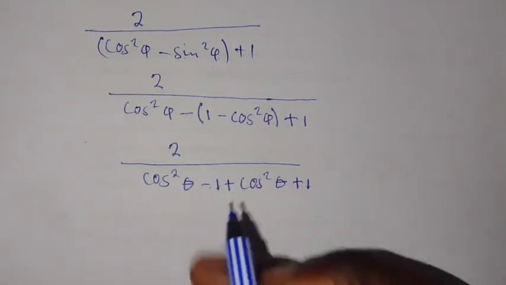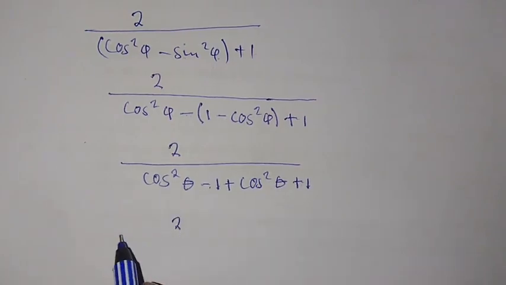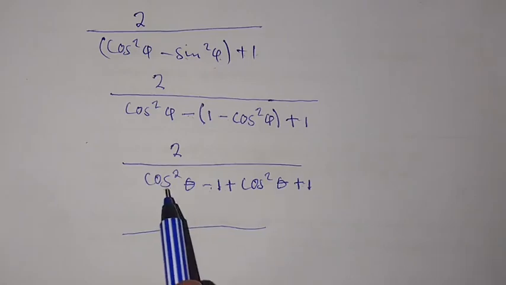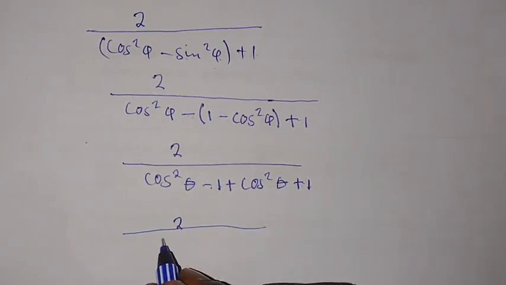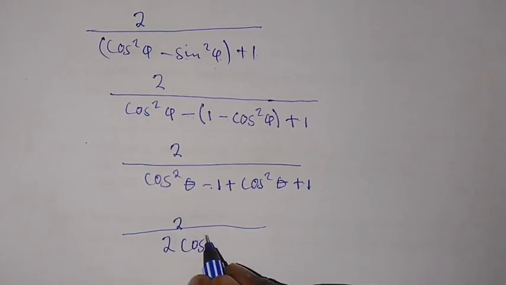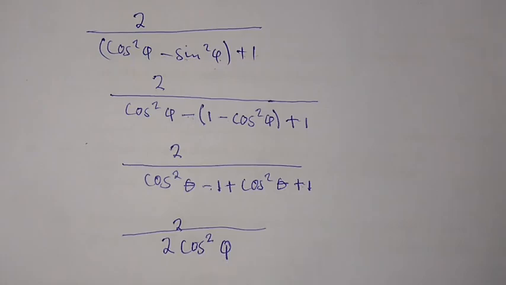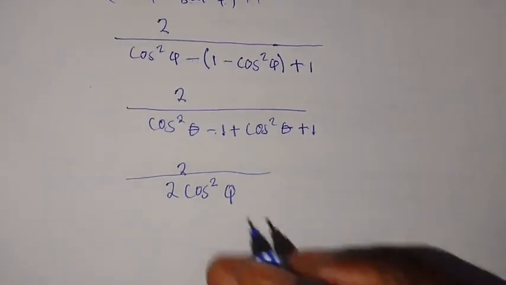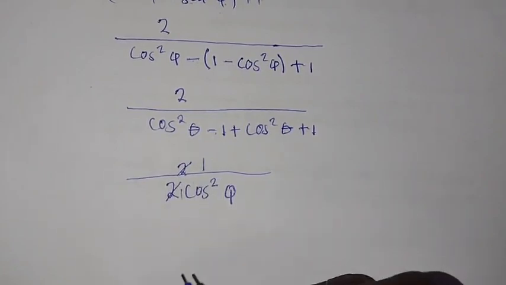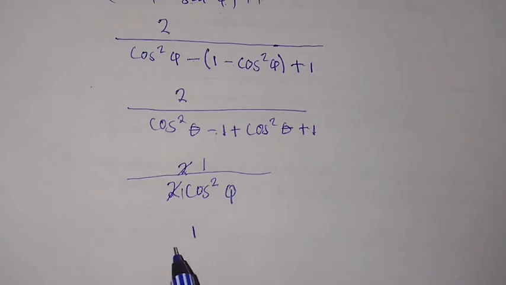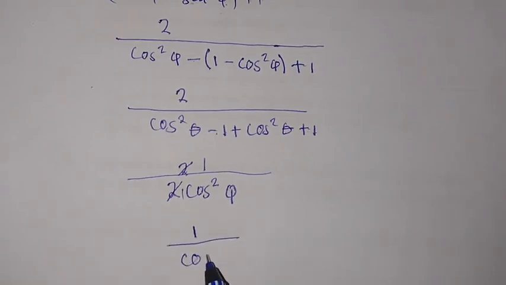So we are just remaining with 2 divided by cos squared theta plus cos squared theta, which gives us 2 cos squared theta. From here we can notice there is a 2 here and a 2 here, which makes a 1. So what do we remain with? 1 over cos squared theta.